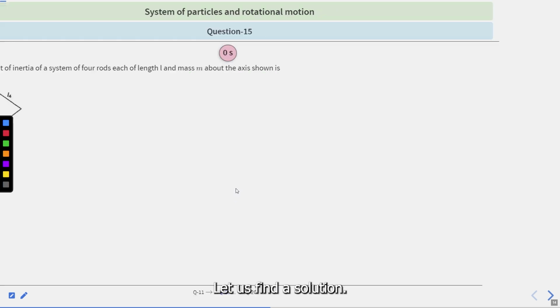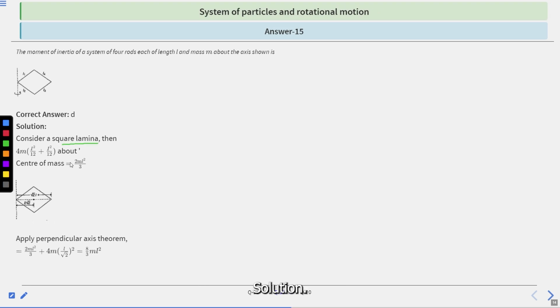Let's find a solution. Consider a square lamina. Then 4m l square by 12 plus l square by 12. Solving this term, by solving this term, the center of mass, you will get 2 ml square divided by 3.